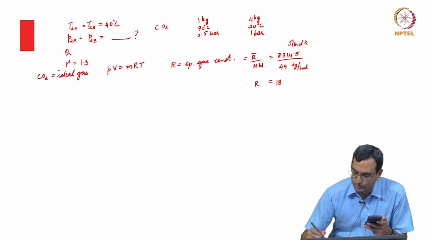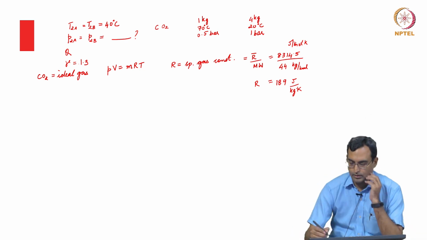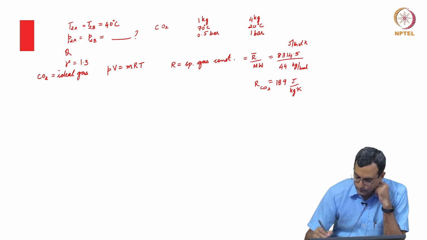So, I am going to round that off as 189 joule per kg Kelvin. This is the value of the gas constant for CO2. I am just going to call it R for the rest of this problem.